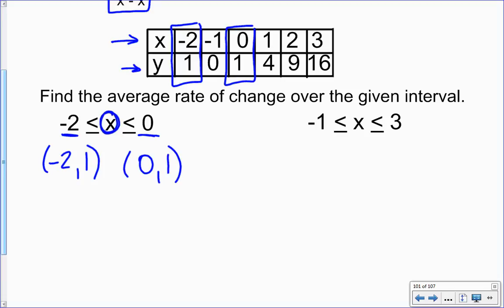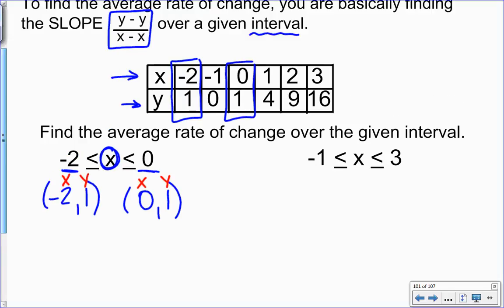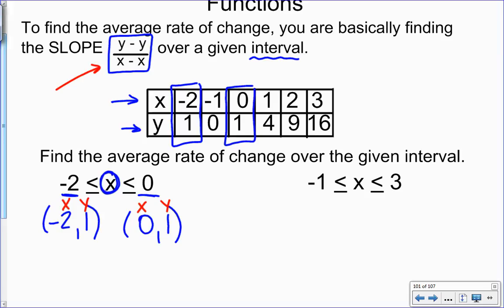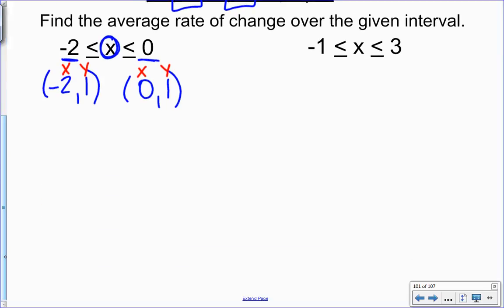All right, so we've got an x and a y, x and a y. So in our formula here, our y's are going to go on the top. So we're going to have 1 minus 1 over our x values on the bottom. Once I do that, guys, I'm not going to do it in my head, and I don't recommend you doing it in your head.